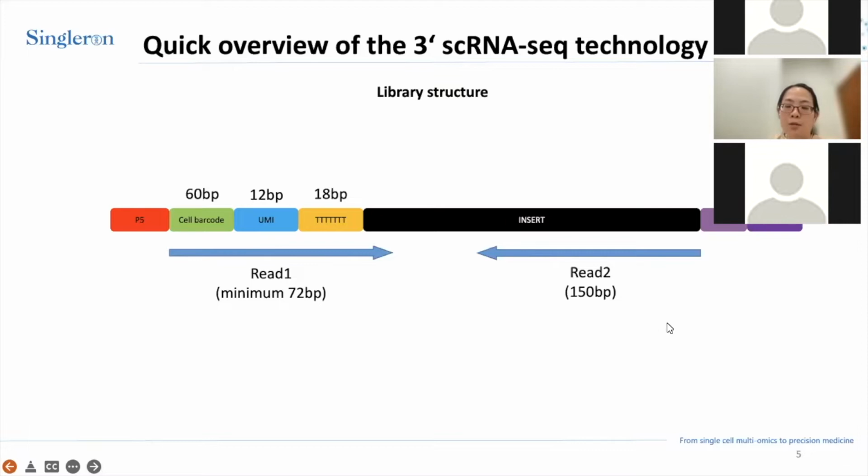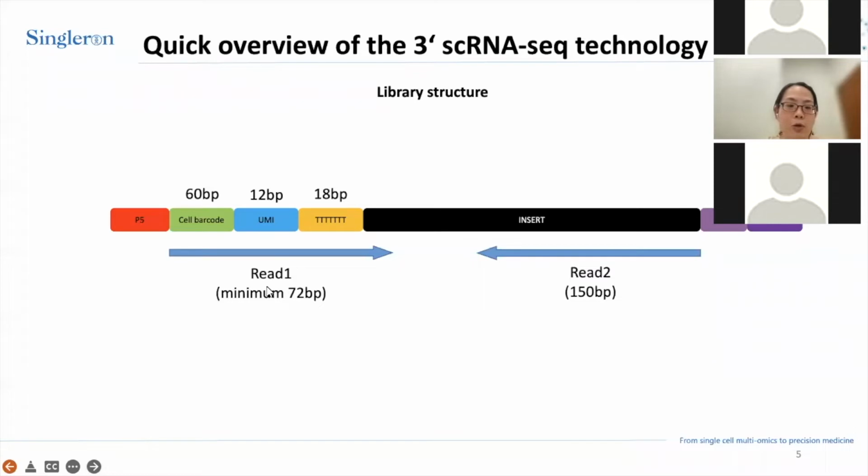On the reverse side, with the inserted sequences, we will see the read2 sequence can also be transcribed and then sequenced to give about 150 base pairs of sequence length for read2.